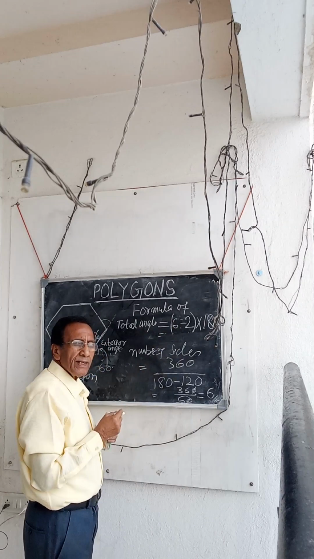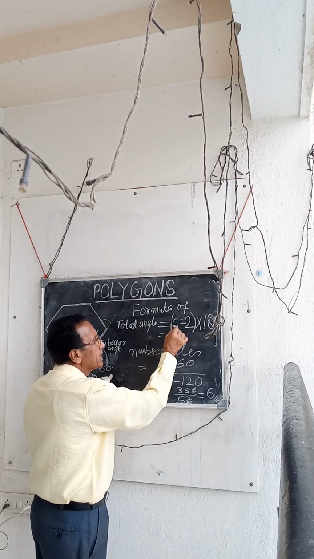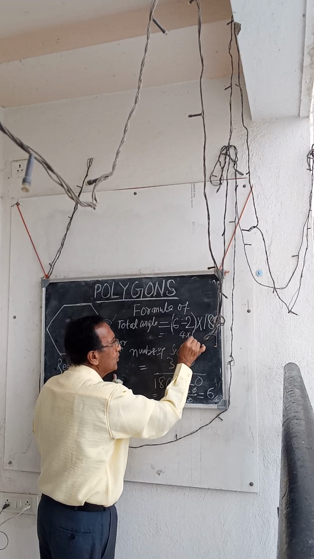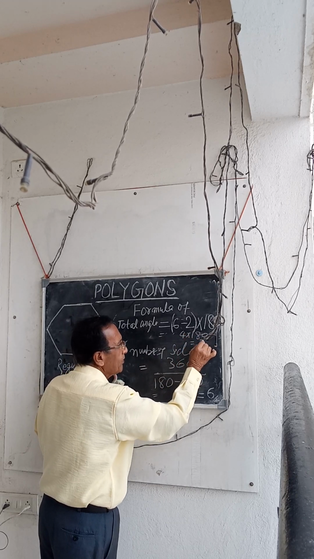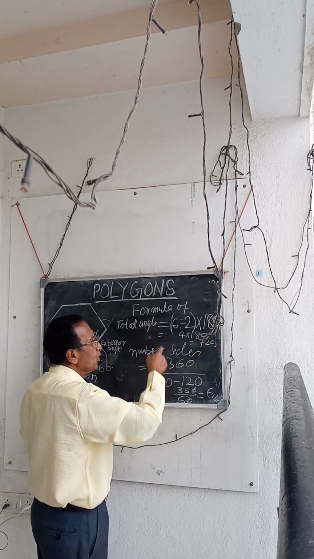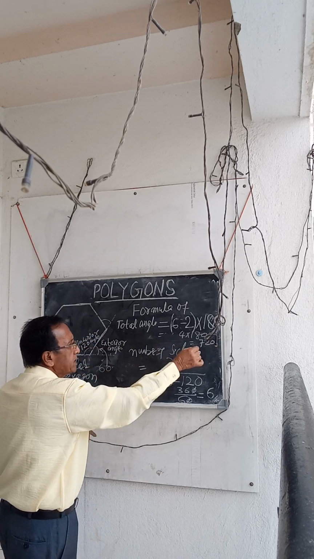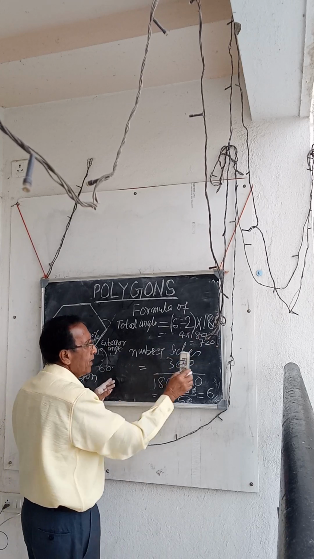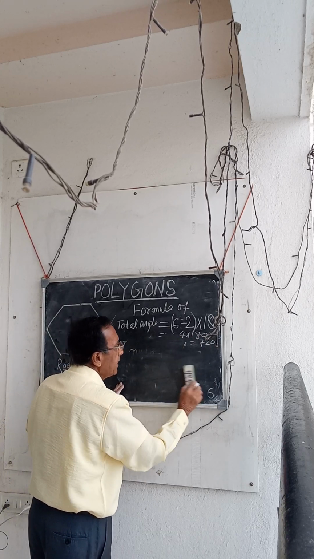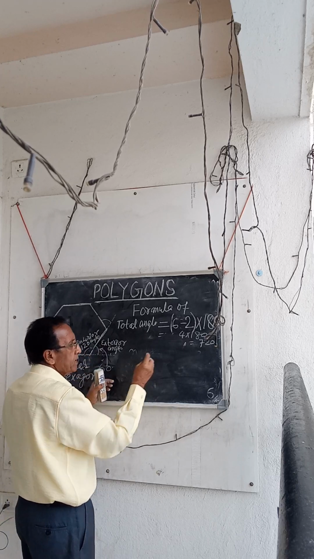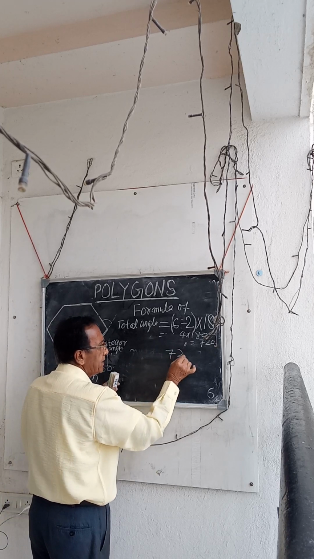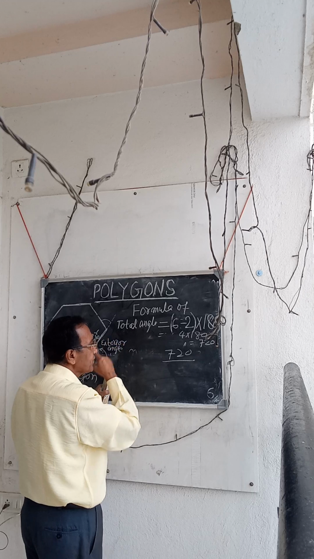Then what will be each interior angle? 6 minus 2 is 4. 4 into 180 degrees is equal to 720 degrees. This is the total interior angle. Now how will we find each interior angle? Total interior angle divided by number of sides.